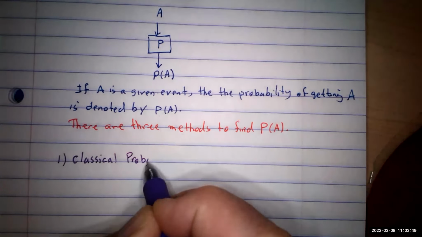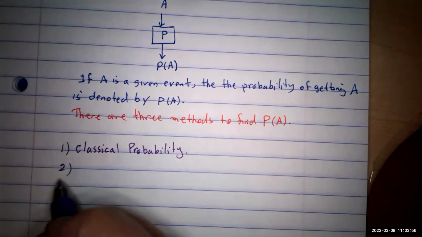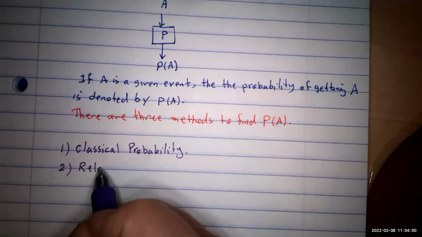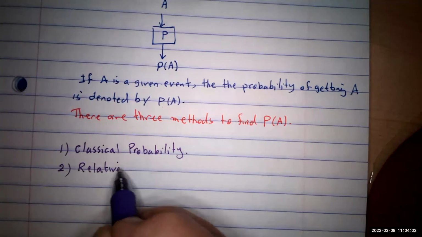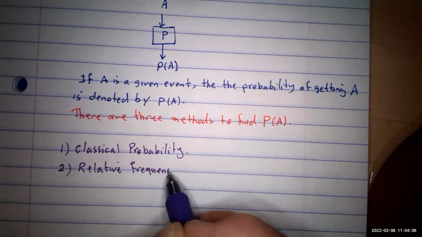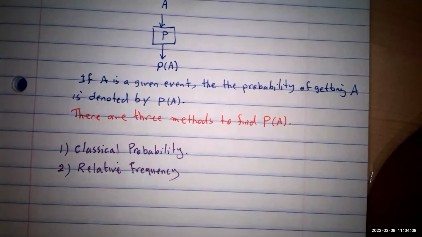The second one is called relative frequency probability. That's going to be the second one.